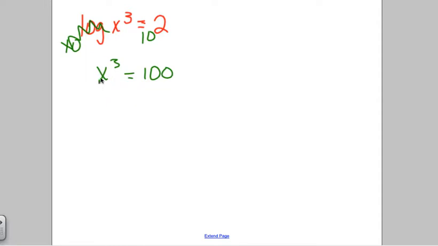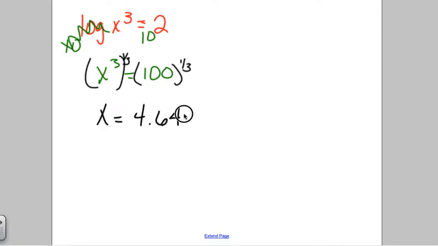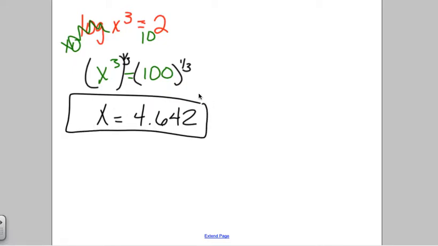So now I have to figure out what x cubed will give me 100. To get rid of the cube, I just cube root both sides, which is taking each power to the 1/3. So 100 raised to the 1/3 is 4.642. And that's my answer.